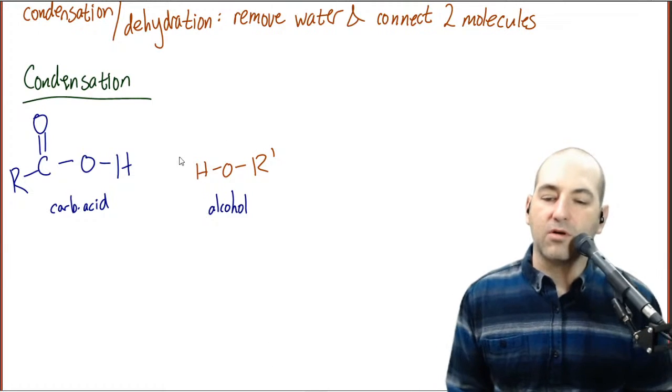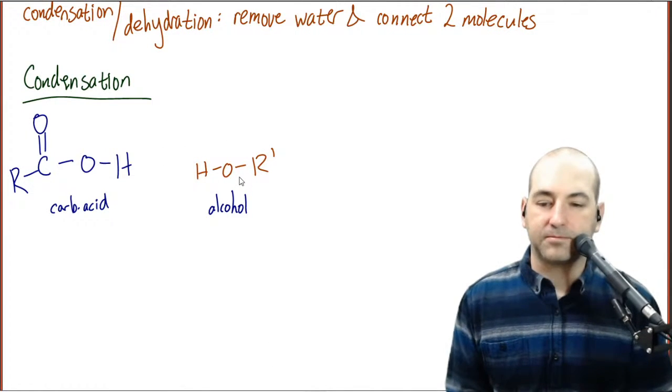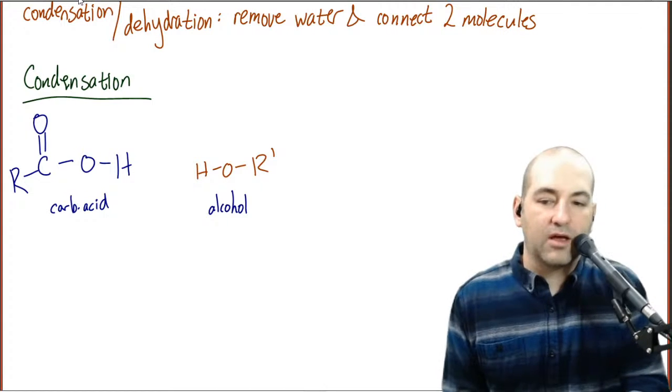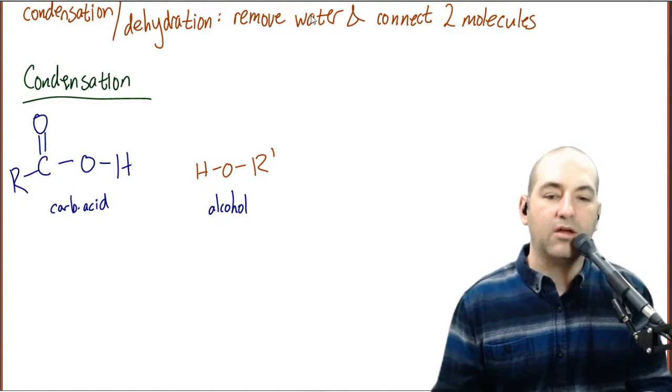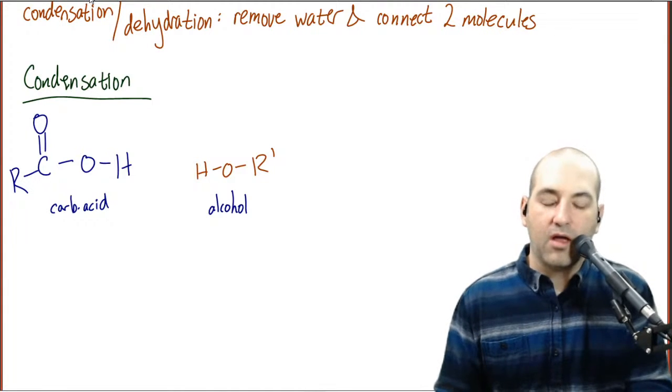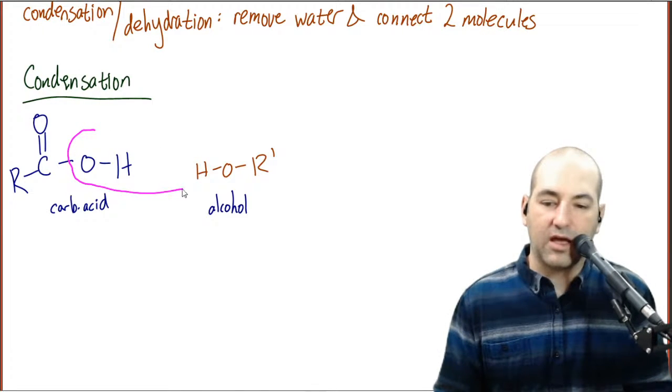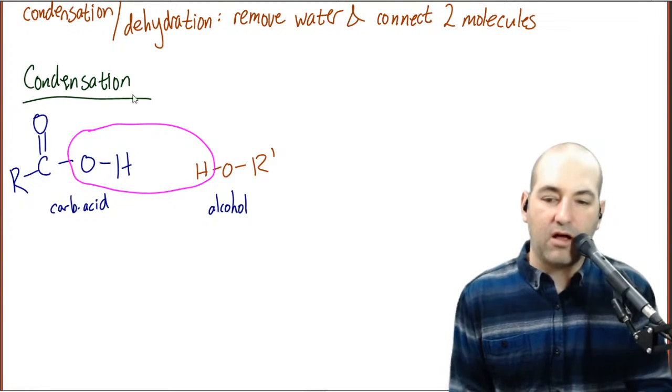All right, so when these two react together, remember the definition of the condensation up here is that we're removing water and connecting two molecules. So the water that gets removed is here. It's the OH from the carboxylic acid and one of the hydrogens from the alcohol, and that makes H2O.